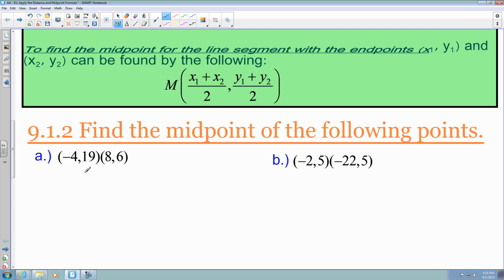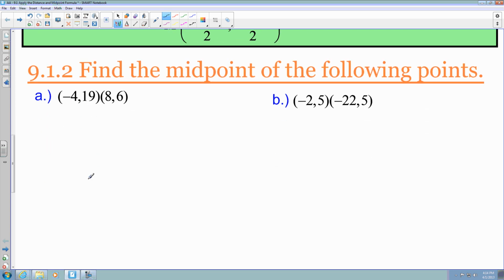So if I wanted to find the midpoint of A, I would go with negative 4 plus 8 divided by 2, comma, 19 plus 6 divided by 2.